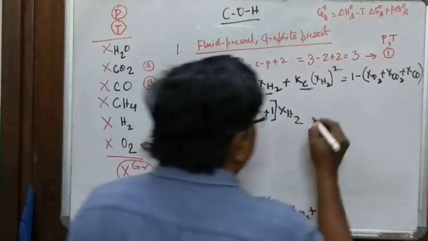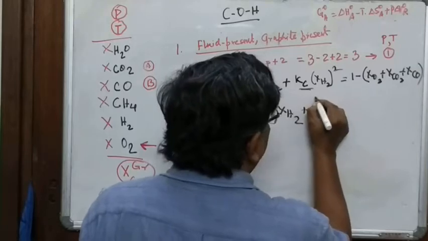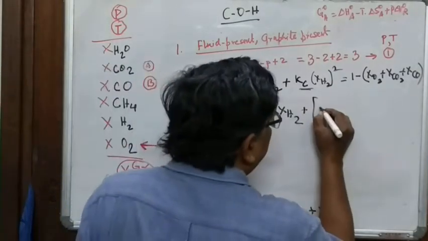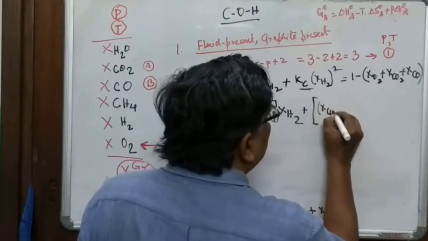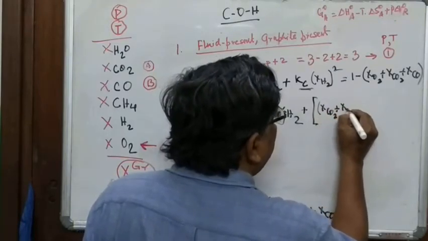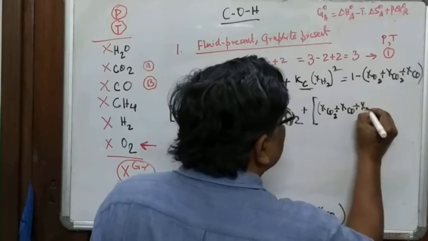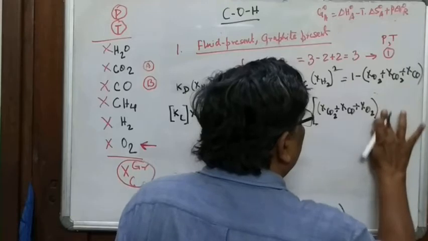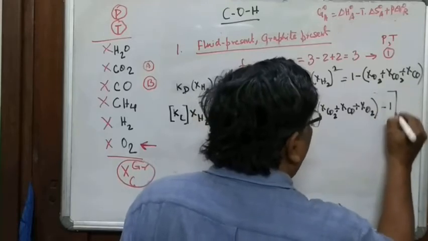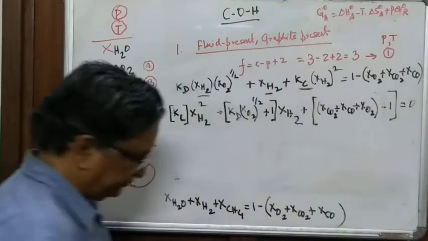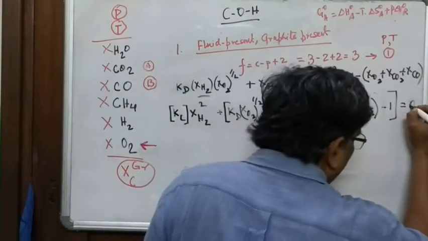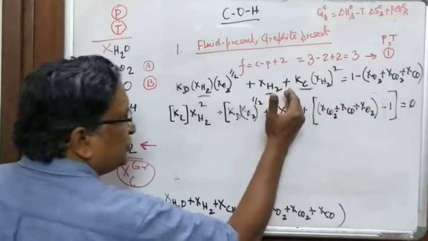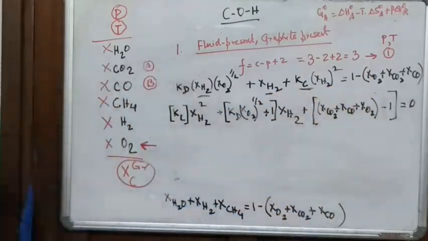And now I write plus bracket XCO2 plus XCO plus XO2 minus 1 is equal to 0. I have just brought this to the left hand side, so the sign changes.